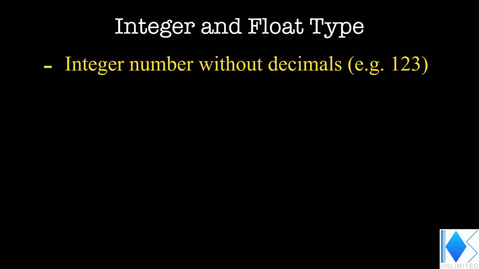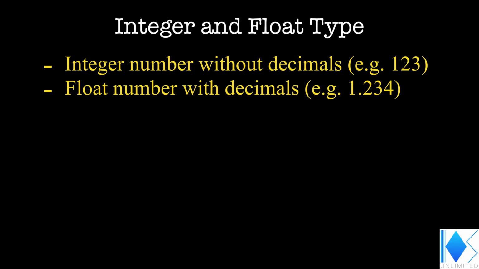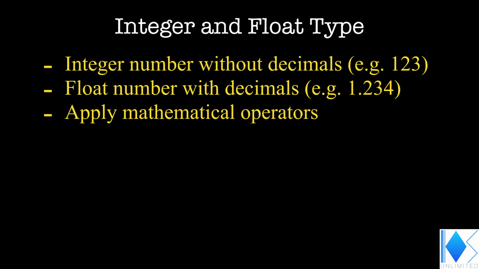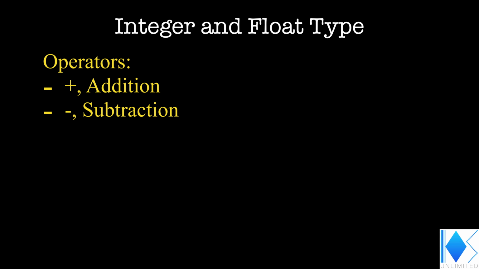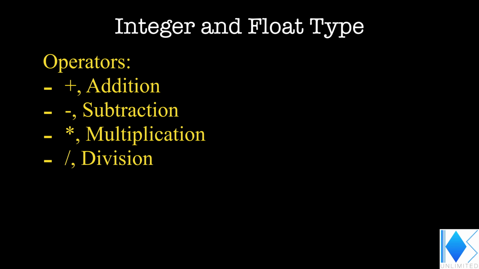An integer type variable is a number without decimals, and a float type is a number with decimals. We can apply different mathematical operations on integers and floats. The most common operators are addition, subtraction, multiplication, division, the power operator, and modulus.